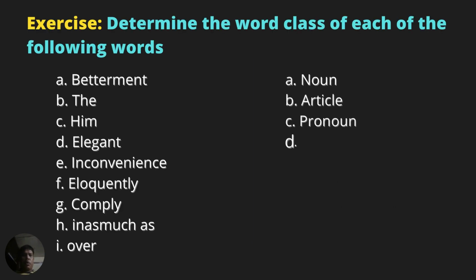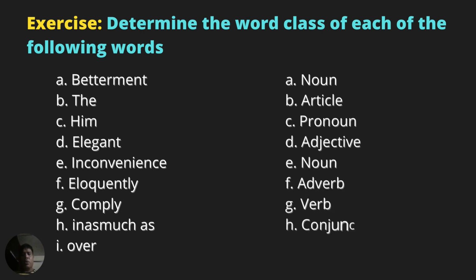Firstly, we try to analyze or determine the class of each of the following words. For example, the word "betterment." Betterment is a noun, and if we break down betterment into smaller parts of morphemes, the core or stem of betterment is actually "better."